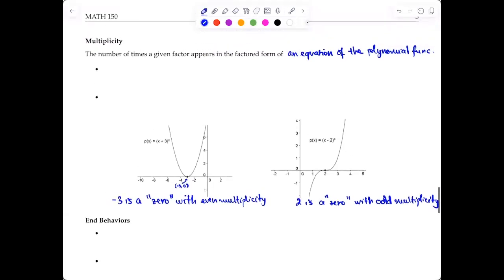So now you go back to the two bullets that we have. If r is a solution or a root or the x-intercept, let's say solution r is a zero of even multiplicity.